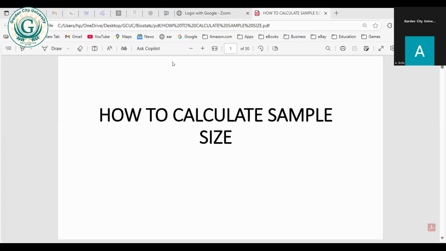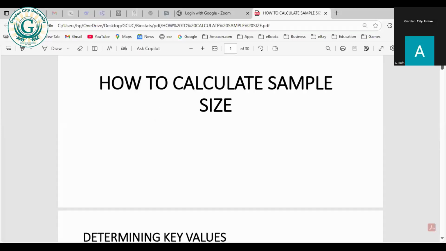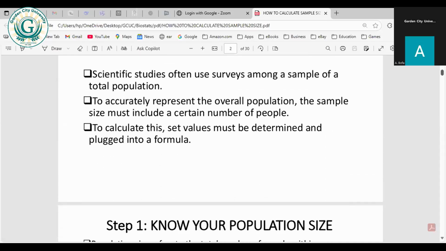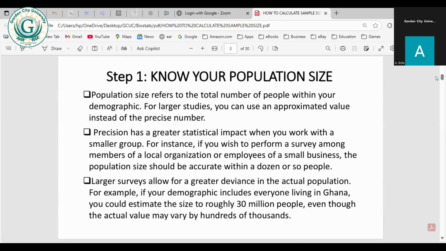As I said earlier, I would prefer you get yourself calculators there, then you practice. In order to calculate your sample size, there are some basic things that you need. The first thing is the population size.